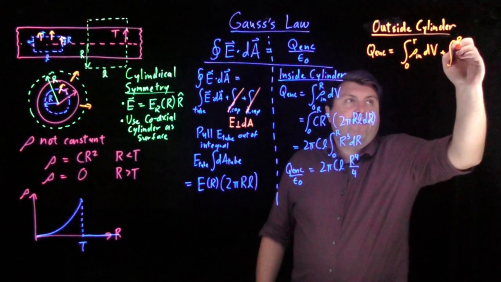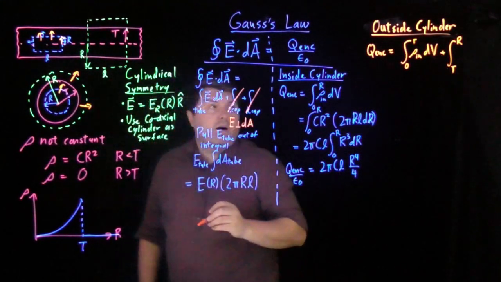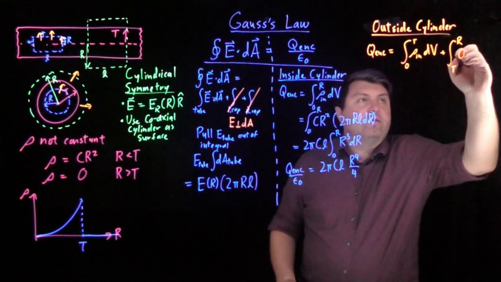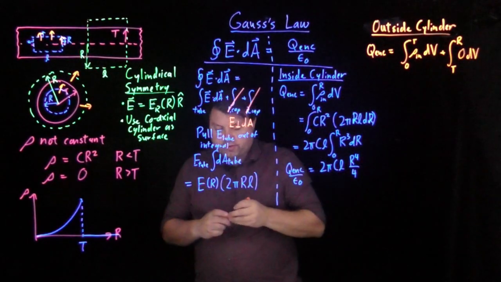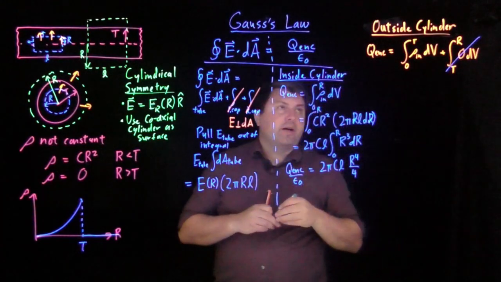And then we have to finally end at R, and so we start from t to R of our charge density outside, and in this case it's 0 dV. So if we have a definite integral of 0, this becomes 0, nicely enough.